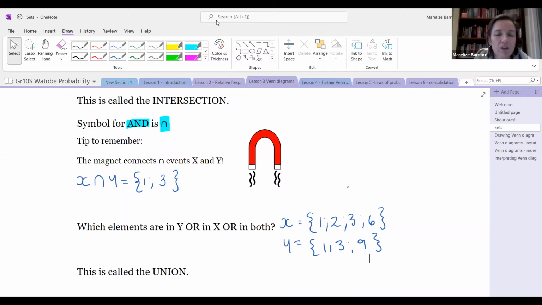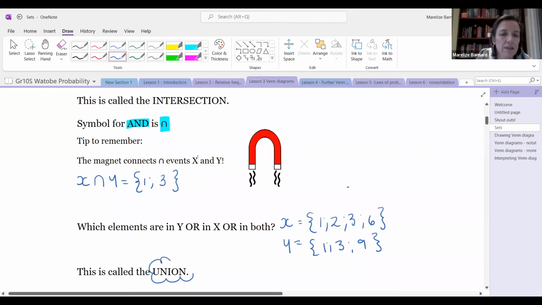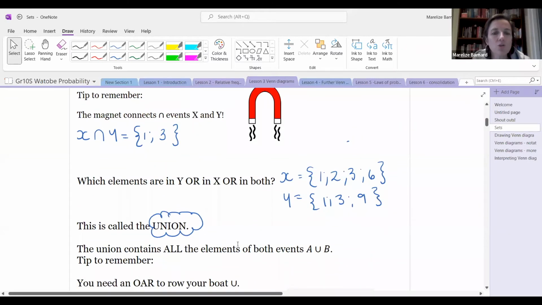So if we are looking at which elements are in X or in Y or in both, we're really looking at X or Y or both, and that is everything together. And that is called the union of the two. So if I look at X and Y, then the union includes all the elements of both events.